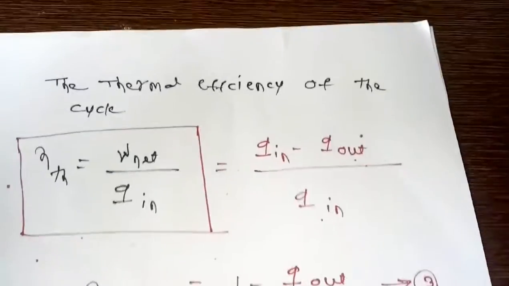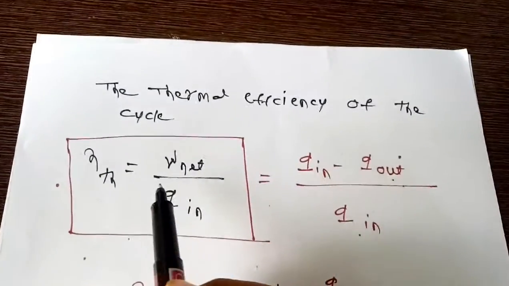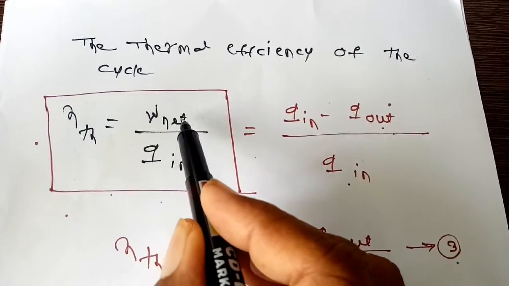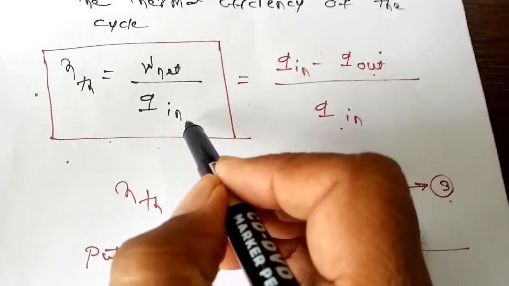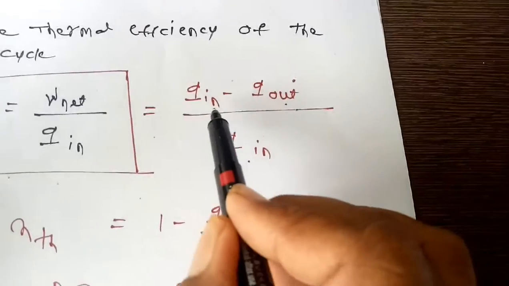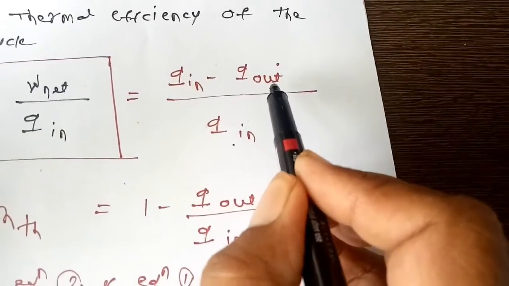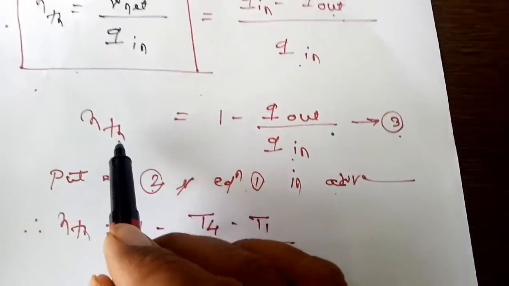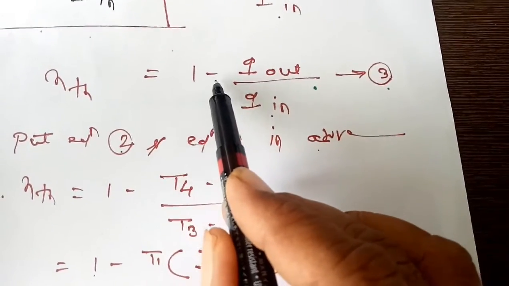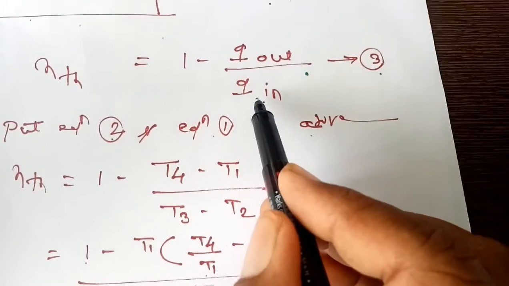So the thermal efficiency of the cycle is the overall work developed in the cycle divided by heat supplied to the cycle. This can be simplified as Q in minus Q out divided by Q in. So efficiency of Otto cycle is 1 minus Q out divided by Q in.